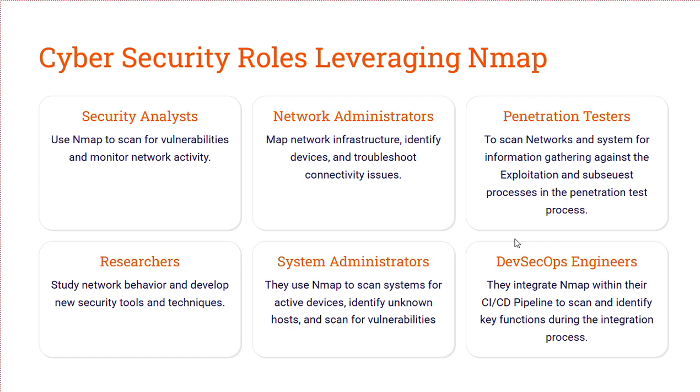So network administrators use that to troubleshoot and also be able to identify devices connected to networks. So in an organization, network administrators are able to pinpoint known devices, that is authorized devices, and unknown devices, that is unauthorized devices.